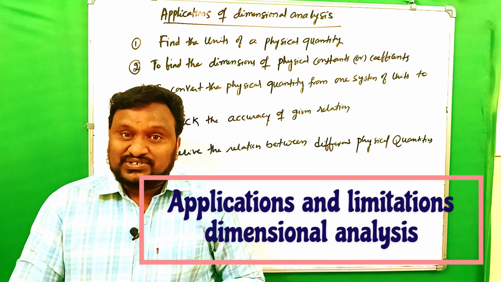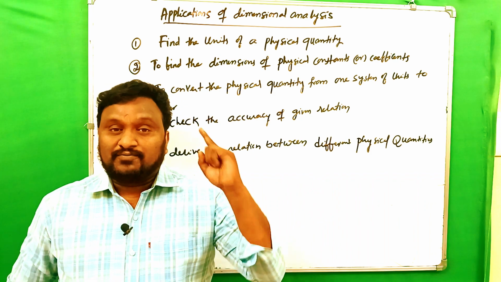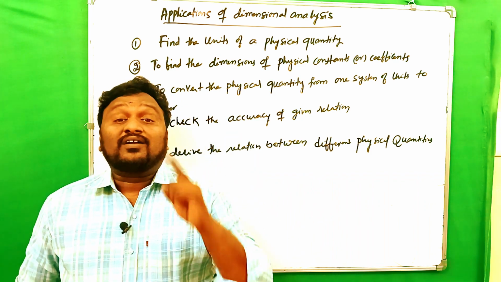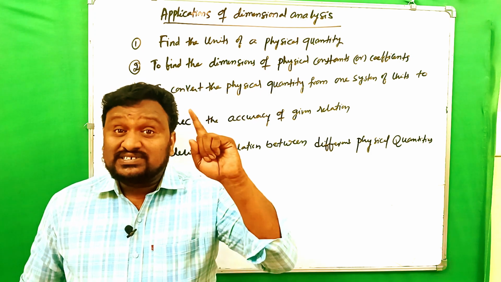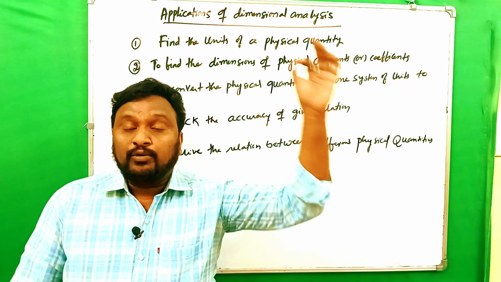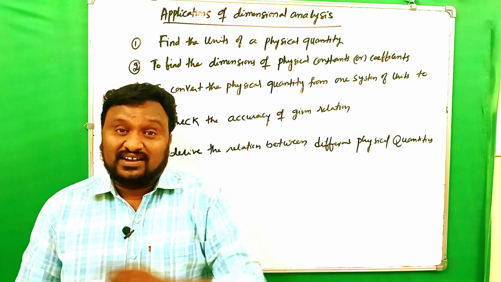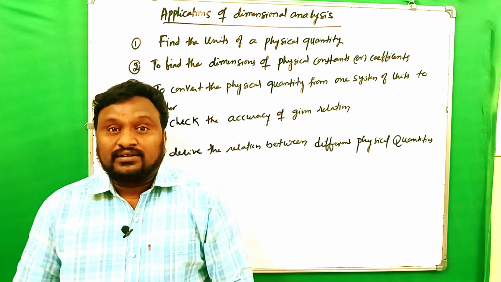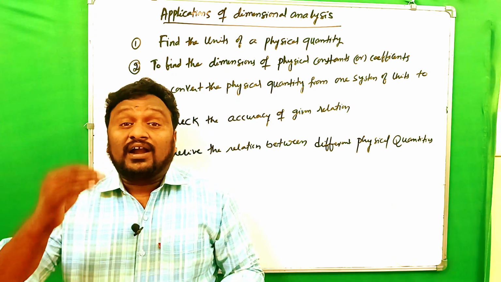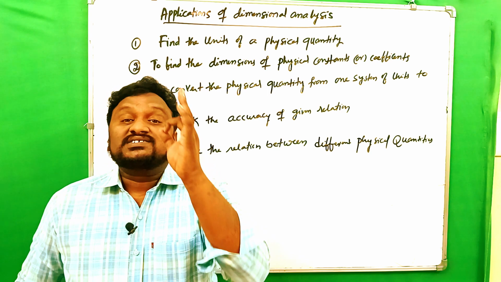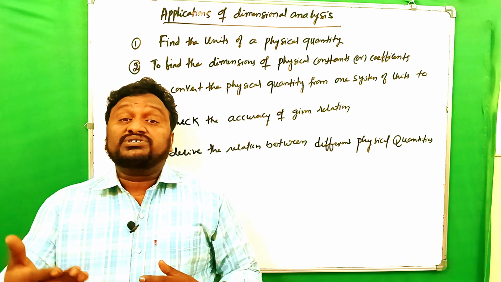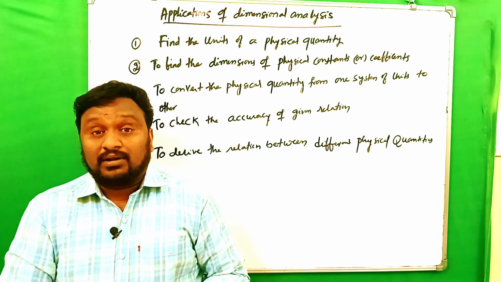What are the applications of dimensional analysis? The first thing is dimensional analysis can be used to write the units of a physical quantity. And second, to write the dimensional formula and units for constants. For different types of constants and coefficients, we are going to write the dimensional formula.